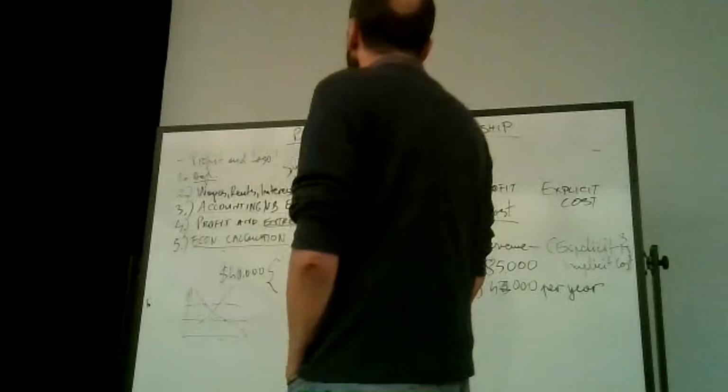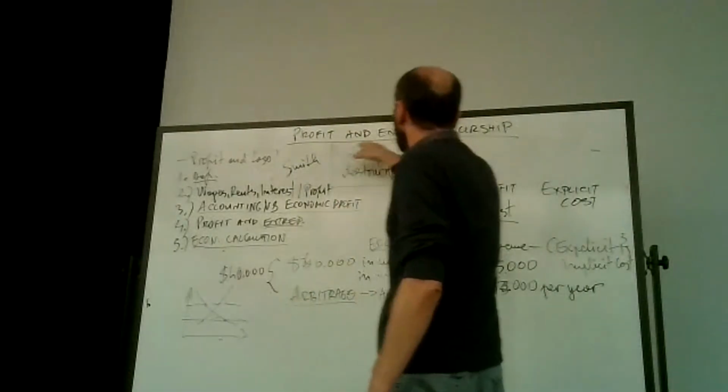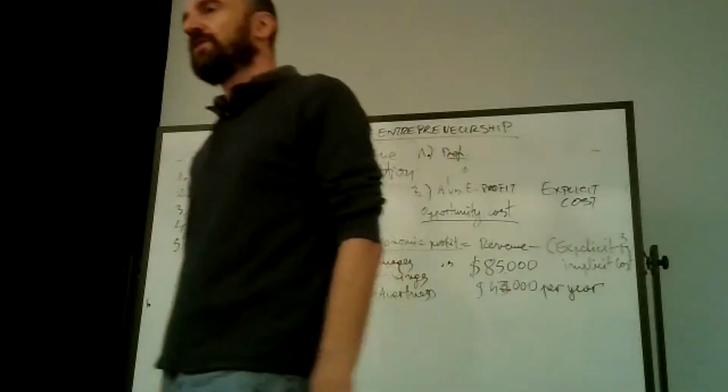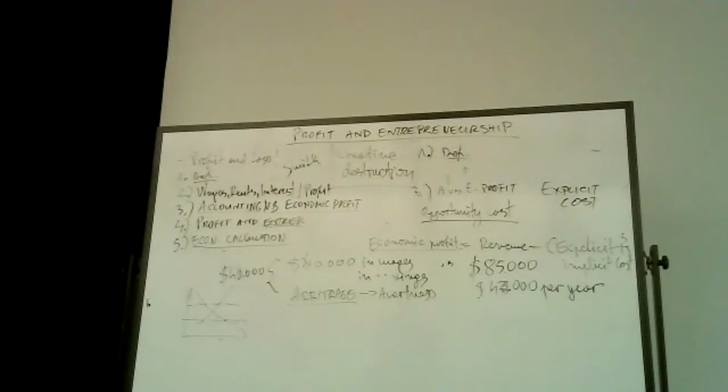Okay, so to conclude, profit and entrepreneurship are intimately connected. Profit and loss are types of income that entrepreneurs derive. Profit is a compensation for successful risk-taking, or to be more precise, uncertainty-bearing.